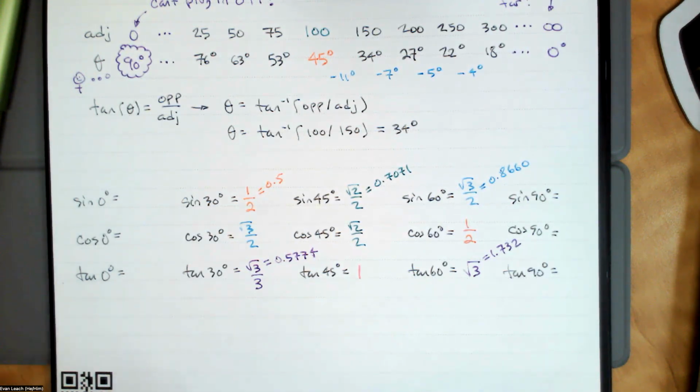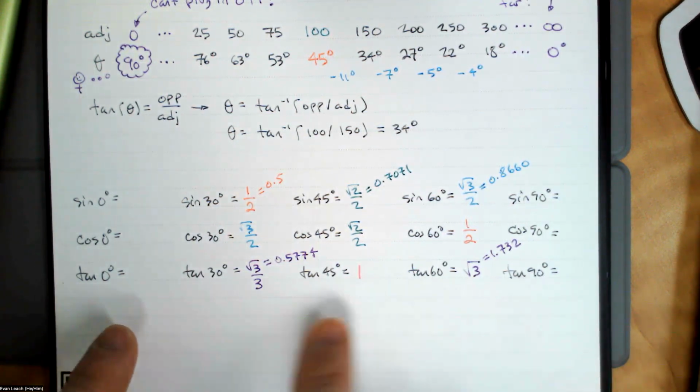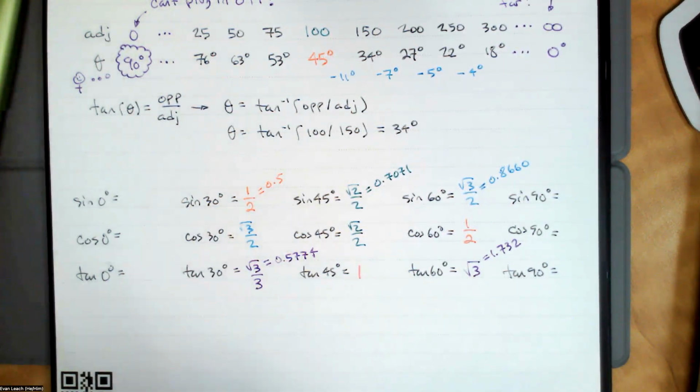To do that, we need to know what's going on in the first quadrant really well. If we learn all our values in the first quadrant, it's really easy to translate the first quadrant into the second, third, and fourth quadrants. So if we learn 0 to 90 really well, we can easily move that out to 180, out to 270, out to 360. And once we've got 0 to 360 really well, everything else is just a copy of 0 to 360. So that's your next goal.